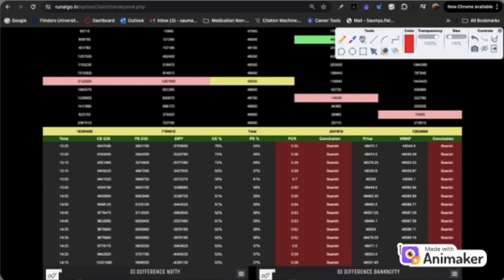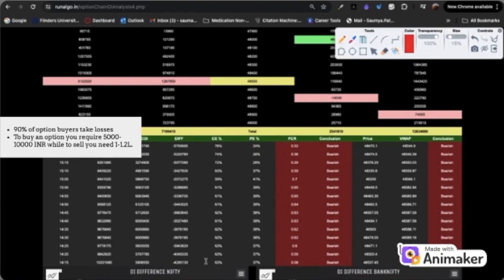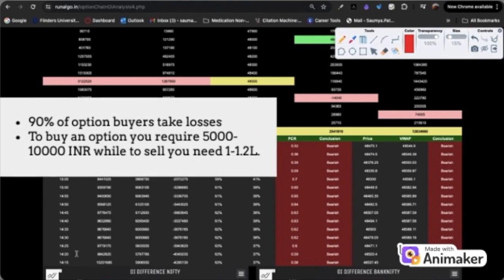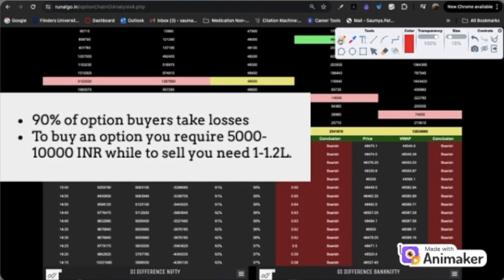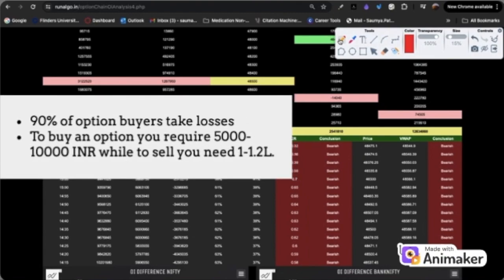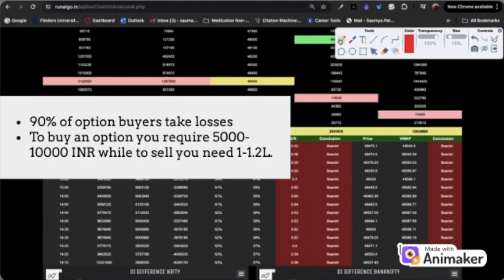If you have opened your broker recently, you probably would have seen a warning saying that 9 out of 10 option traders lose money, and the people who make profit have to give a lot of that to the broker as brokerage. So you might be wondering, why do 9 out of 10 people lose money?